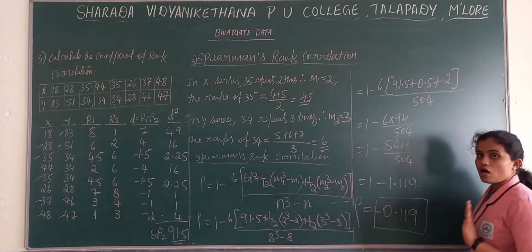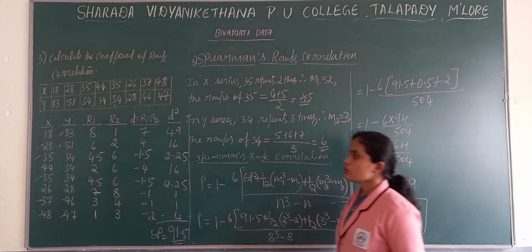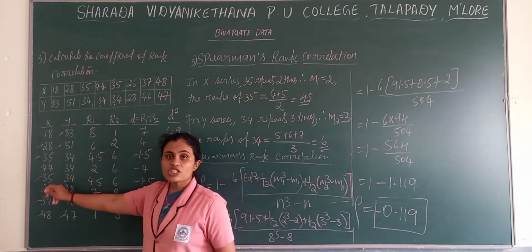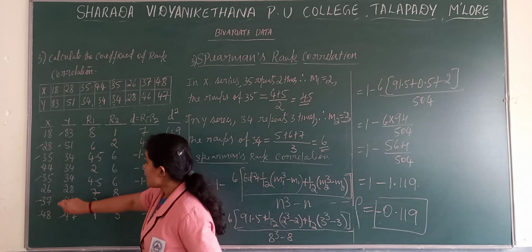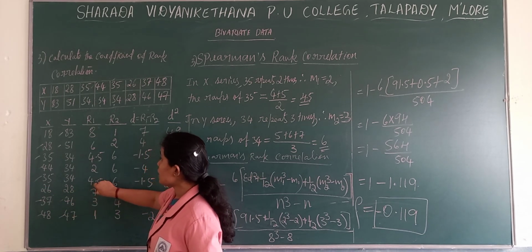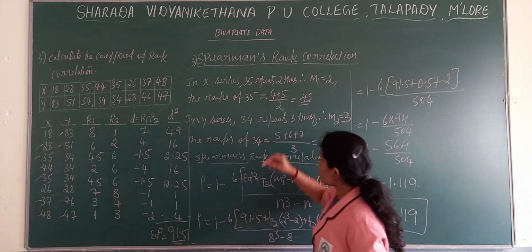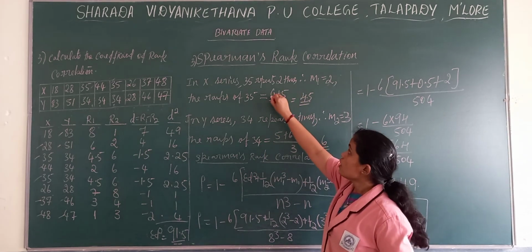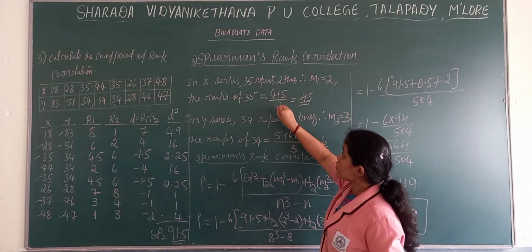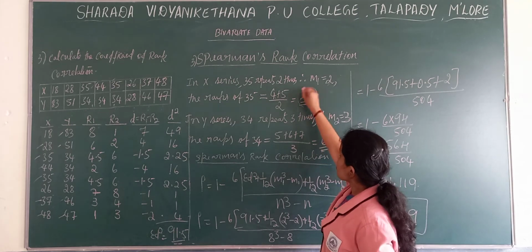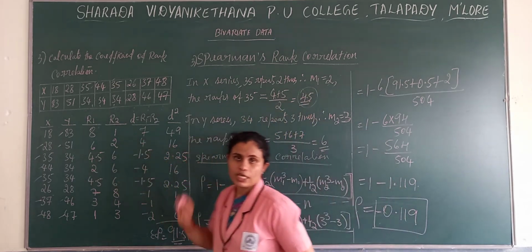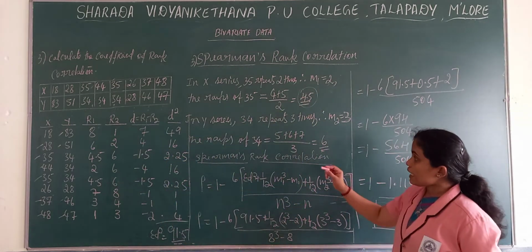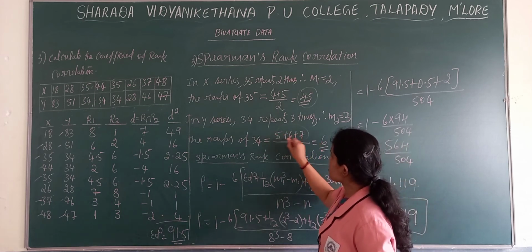This is when your value repeats. Firstly, you need to see at which positions values repeat. Here in the first, the value repeats in the positions 4th and 5th. So 4 plus 5, 2 values, take the average divided by 2. This value you have to assign. Second, it takes the positions 5th, 6th, 7th.